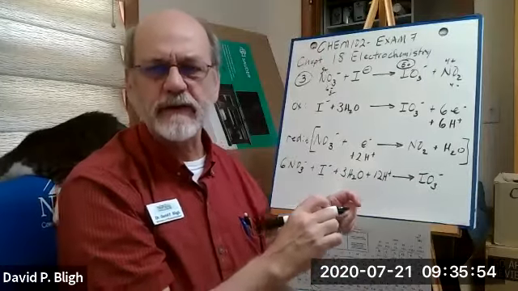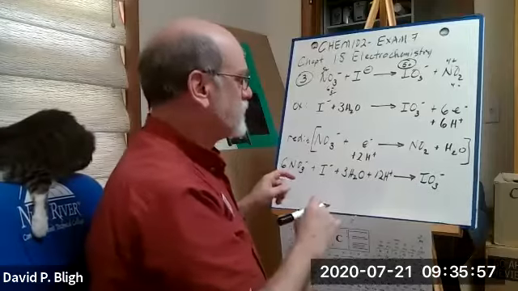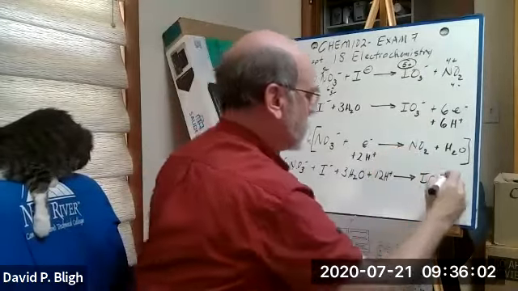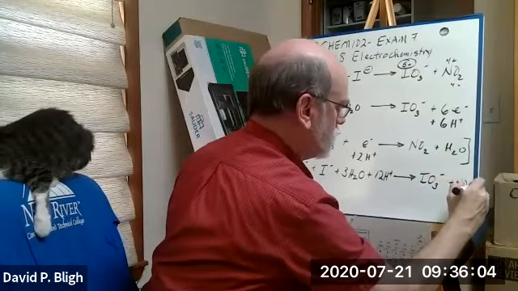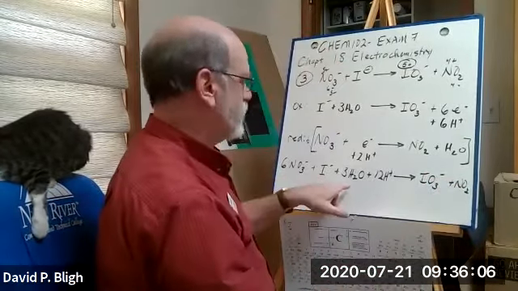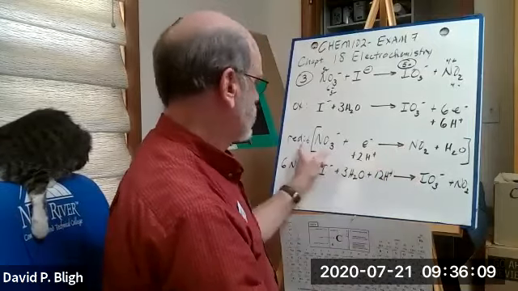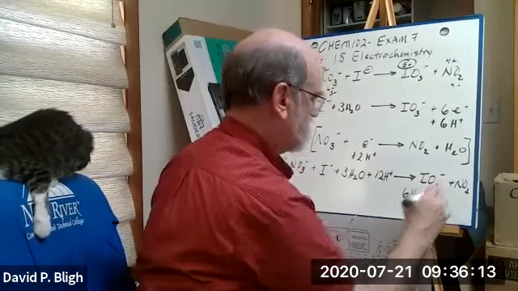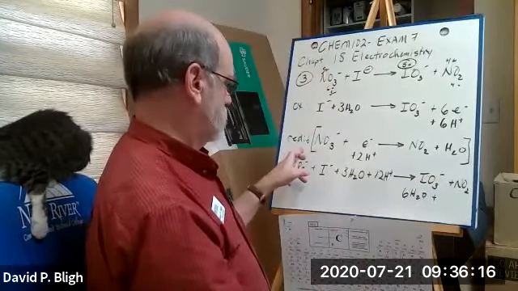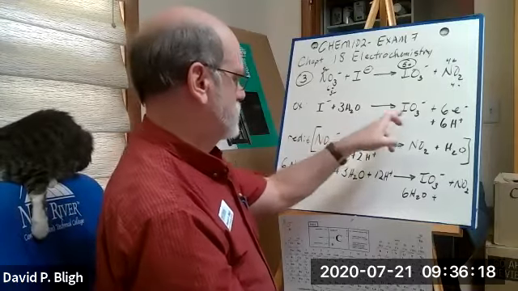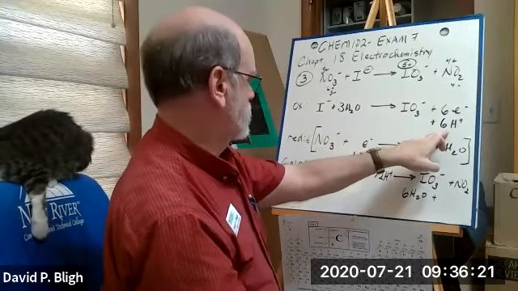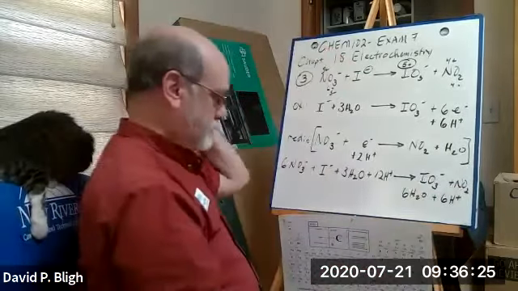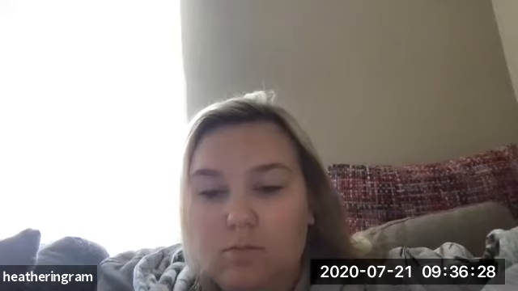Oh, we lost Steffi. She'll be back. And nitrogen dioxides, we only have one of those. And we have how many waters on this side? We have 6 times that, so 6 waters. And six hydrogens. Okay. Now we can cancel terms.